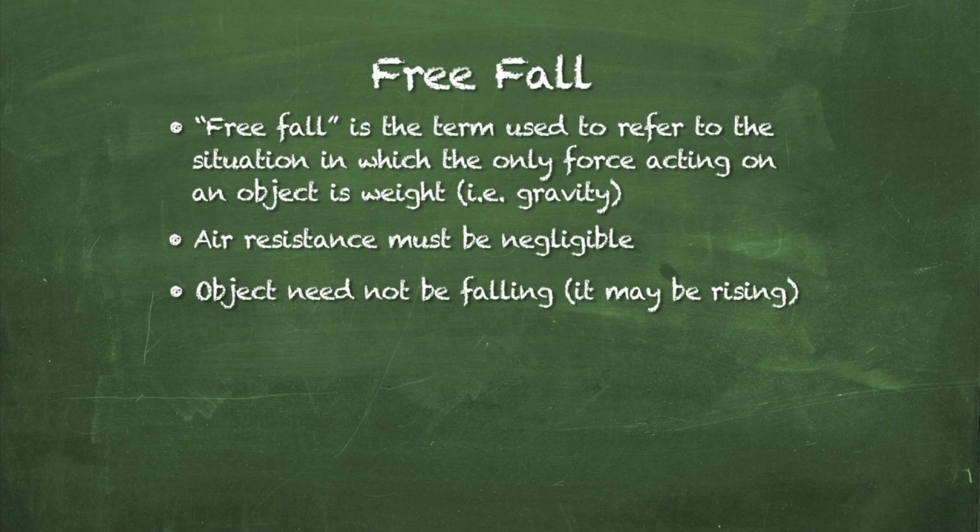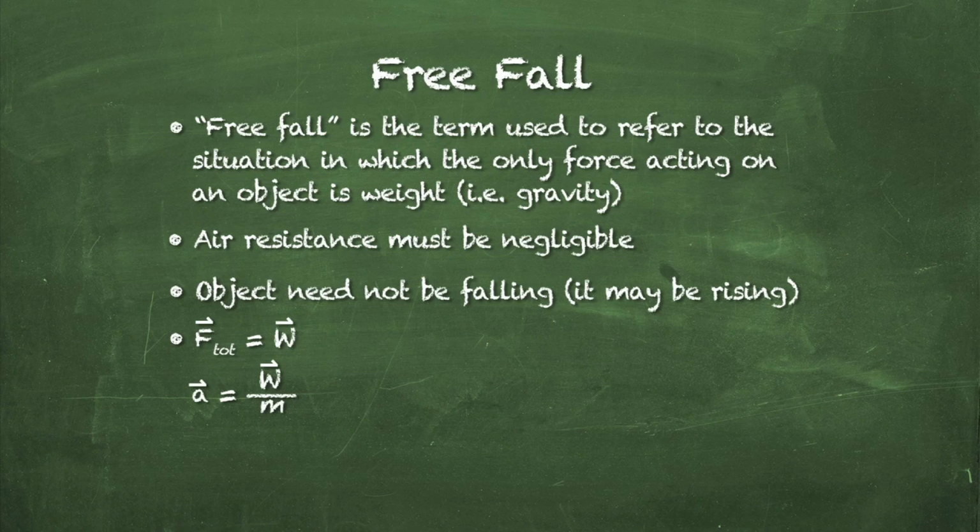And when the total force on an object is equal to its weight, we'll put that into Newton's second law to calculate that the acceleration vector is equal to the weight vector divided by the mass.